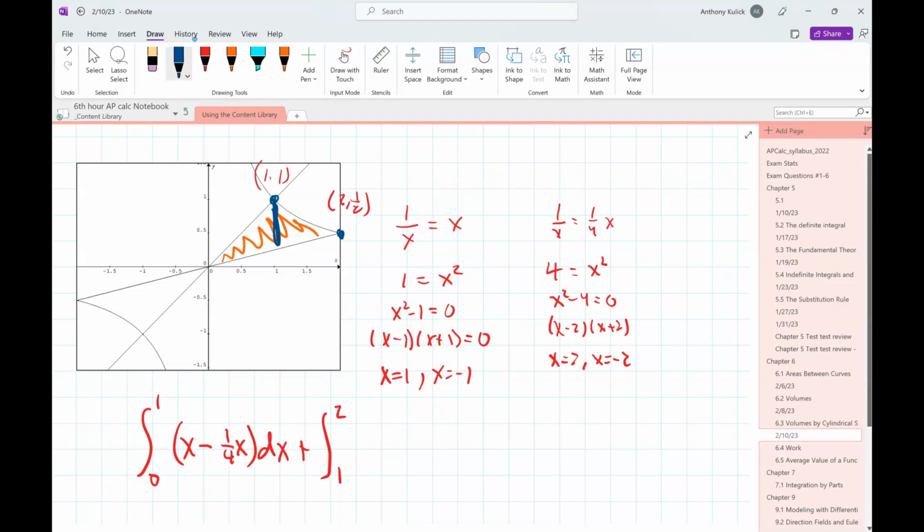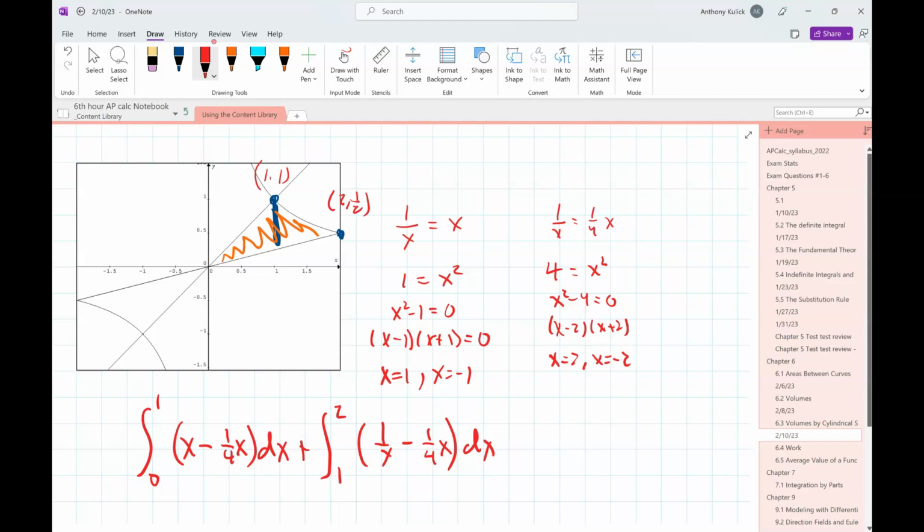The function on top is 1 over x, and the function on bottom is 1/4 x. Does that make sense? Yeah. Yeah, so it's just like you divide it into 2 separate regions because the function on top switched halfway through.